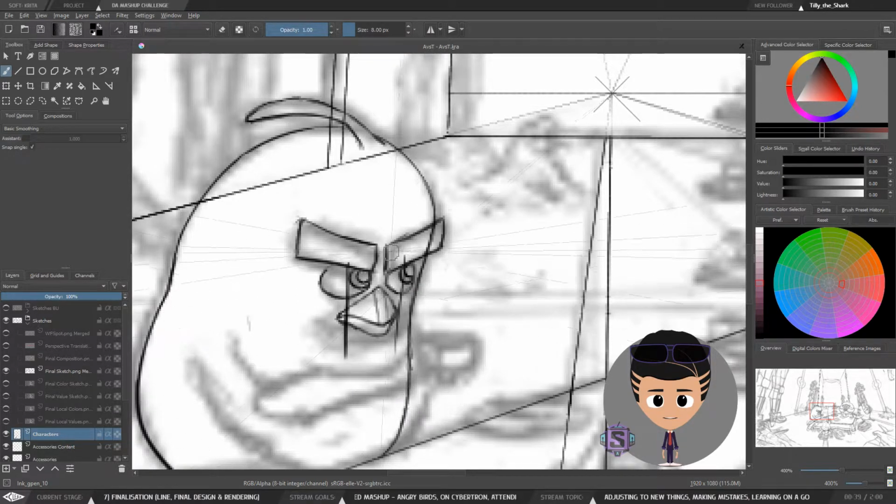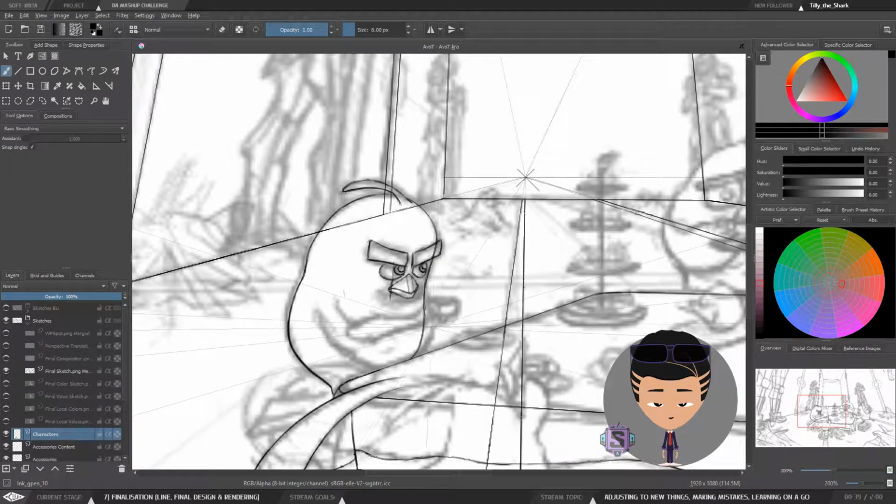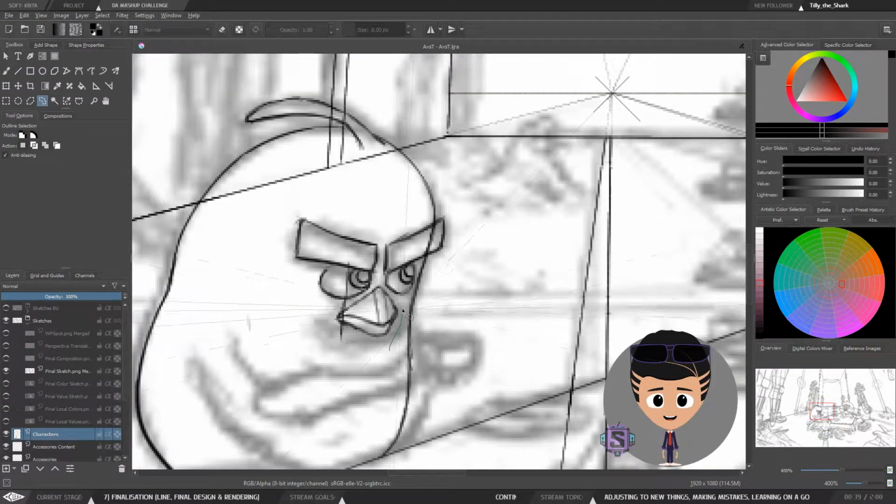we need to apply a general rule of thumb that the center of the eye is going to be the place where the beak is going to end. So let's just delete it. Can I apply this rule?